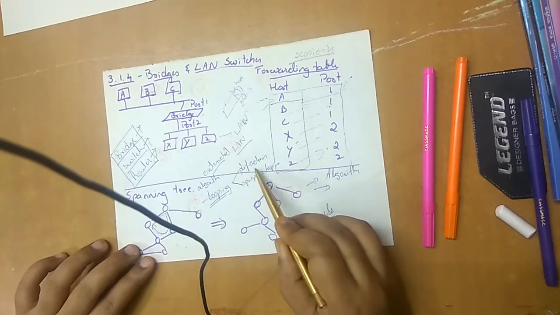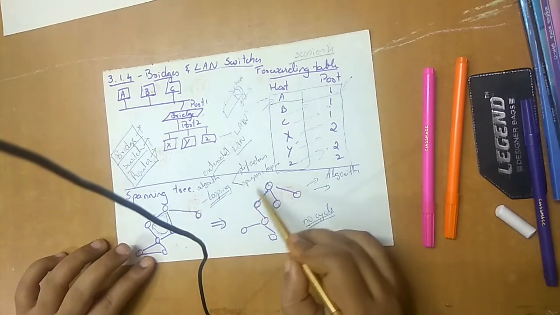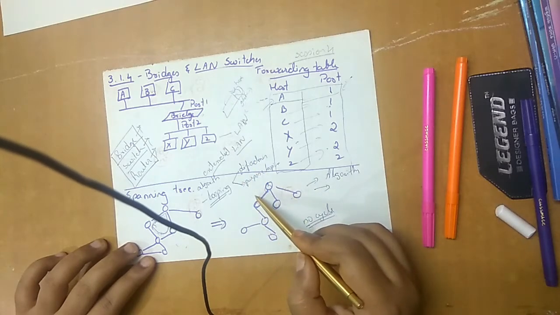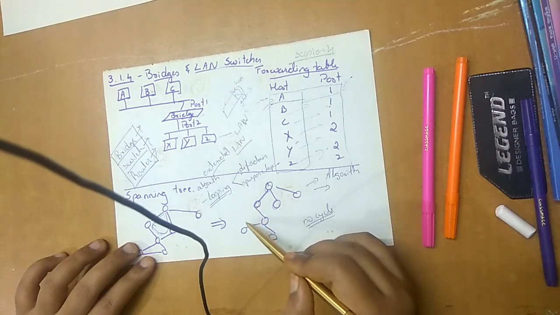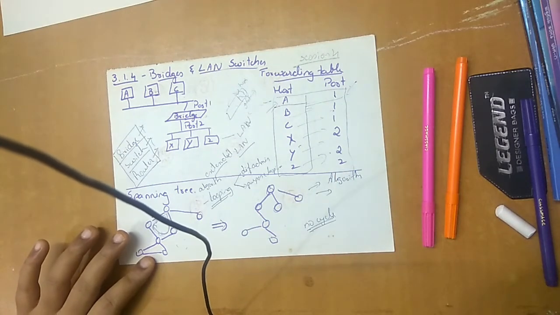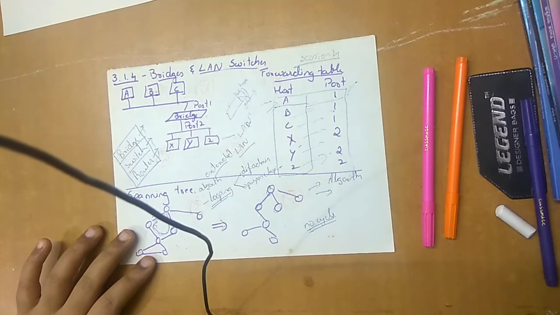When different administrators construct, they will implement their own. To avoid that, all the administrators have to come to an agreement that we have to follow a spanning tree. We have to make sure that there is no cycle in our network.